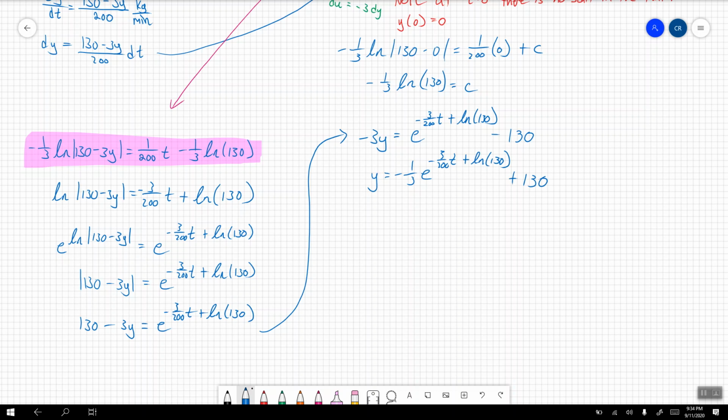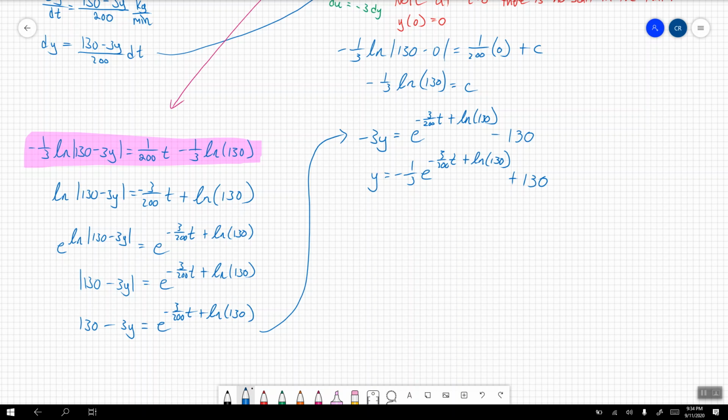And this is the function that we are looking at. The function looks kind of weird, but it's a really nice function that we get to work with. All right, that's looking pretty good.